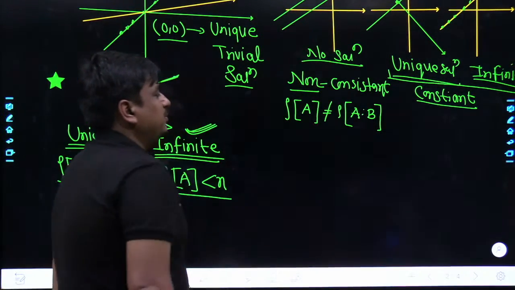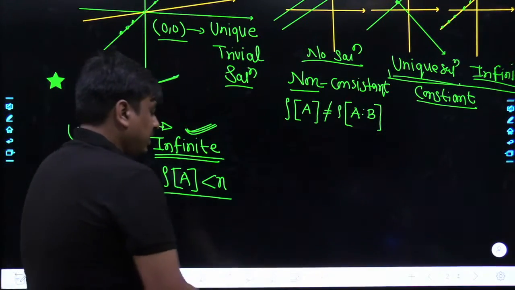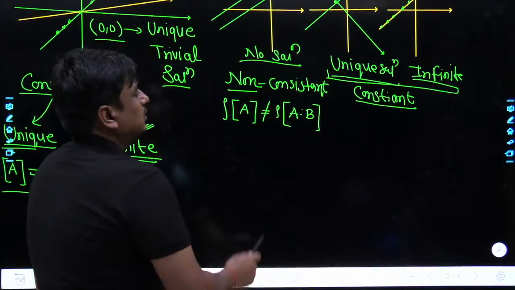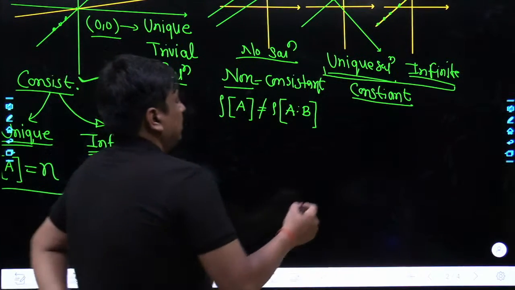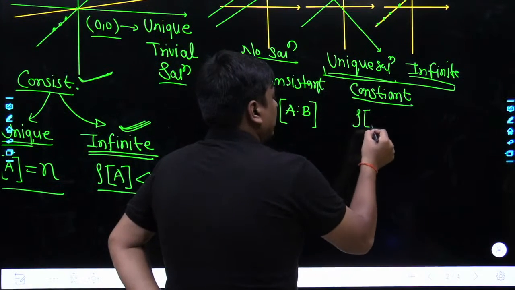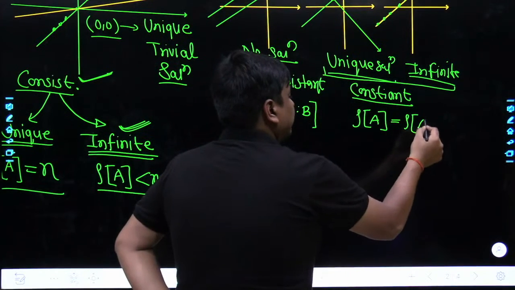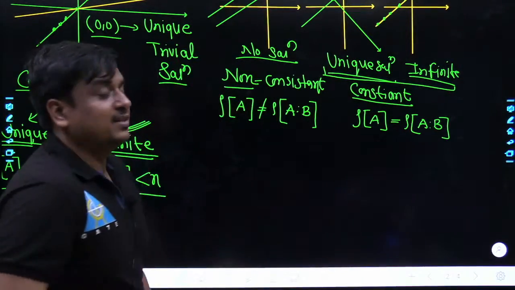If it is not the same, the problem will fall under non-consistent or inconsistent. Similarly, if you have calculated the rank of matrix A and the rank of the A augmented B matrix has the same rank, the problem will fall under the consistent solution.